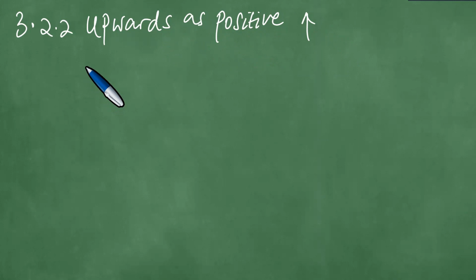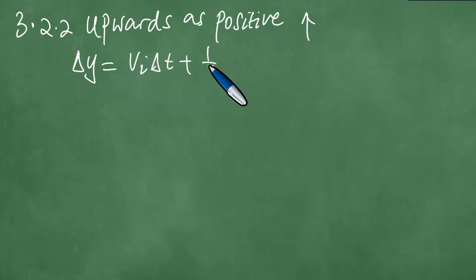One way to do this question is to look at the amount of time taken by ball A. Delta y is VI delta t plus 1/2 A delta t squared.